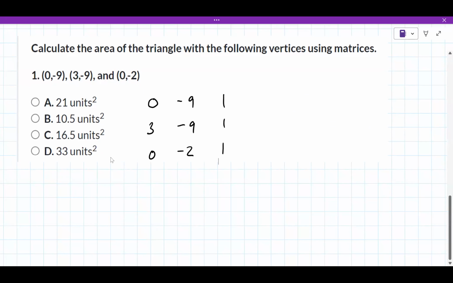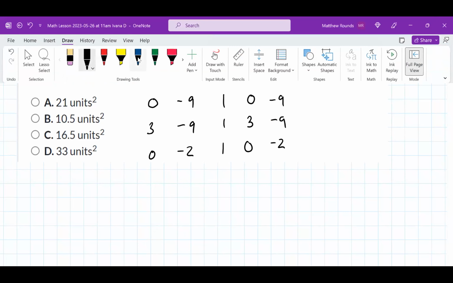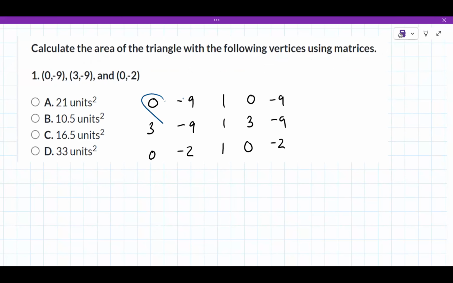The way we were doing it is we replicate the first column, and then we replicate the second column. And hopefully you remember that we were doing this diagonal multiplying. So you have to do the 3 on the bottom here, multiplications.